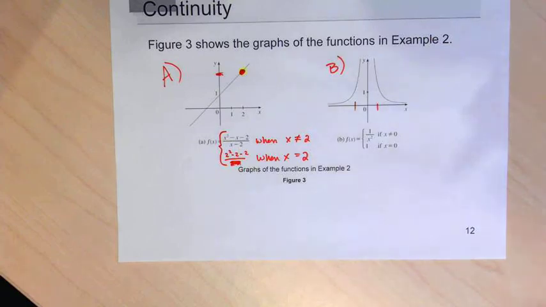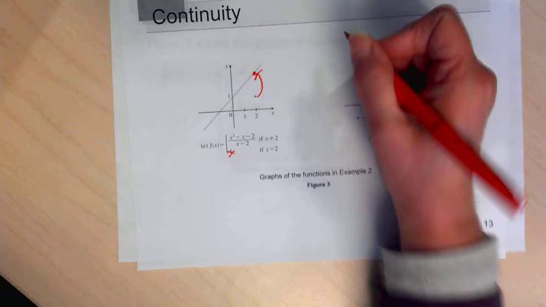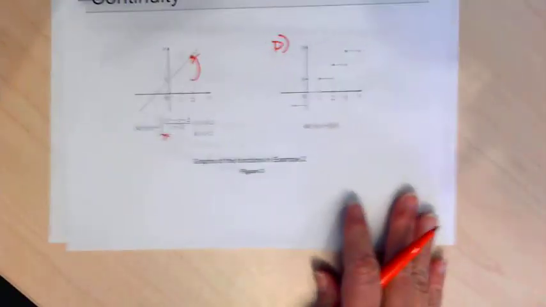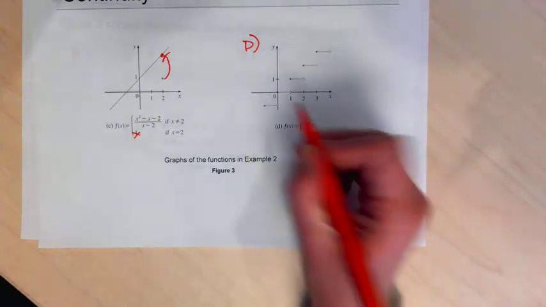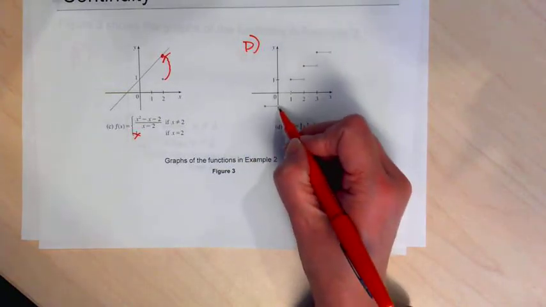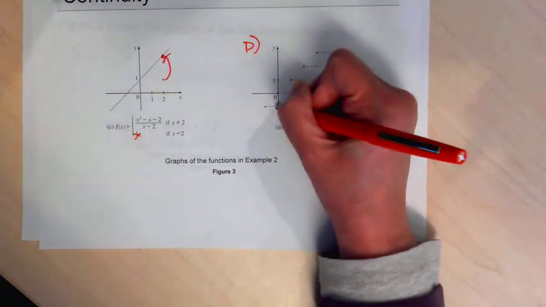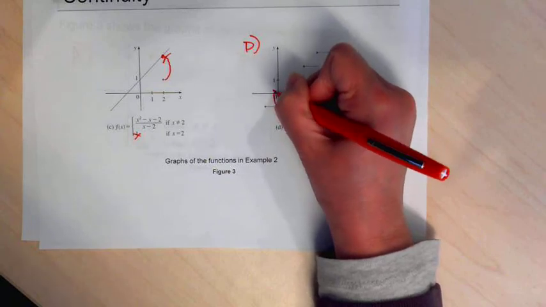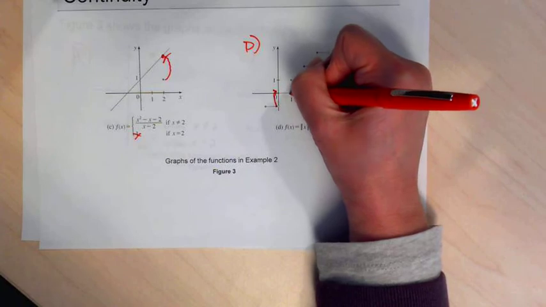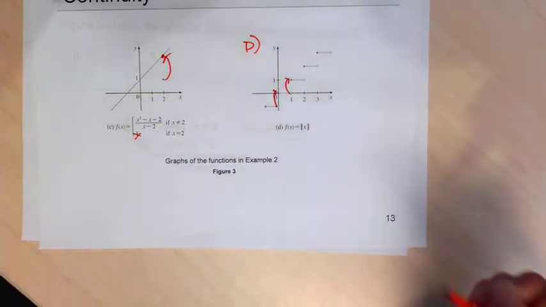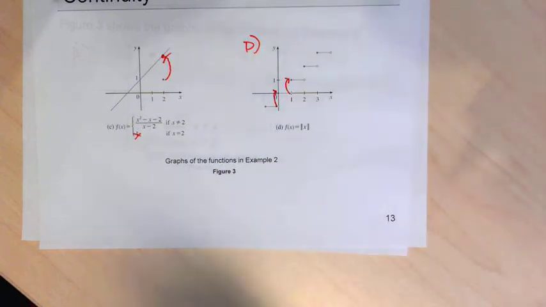And then one other type of discontinuity, example D. This is what we'd call a jump discontinuity, because we're jumping when x equals 0, we're jumping from down here up to here. When x equals 1, we jump up to y equal to 1. So we have a jump, or a jump discontinuity.